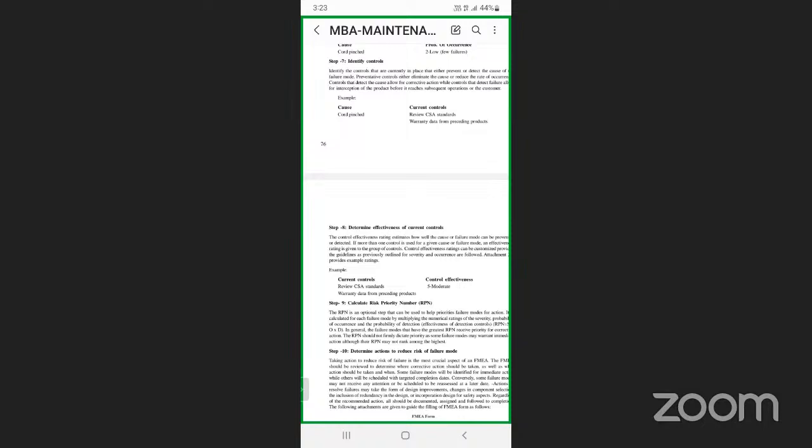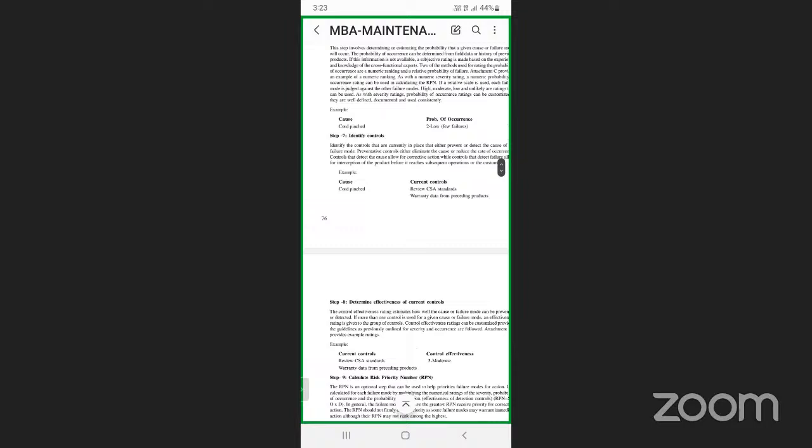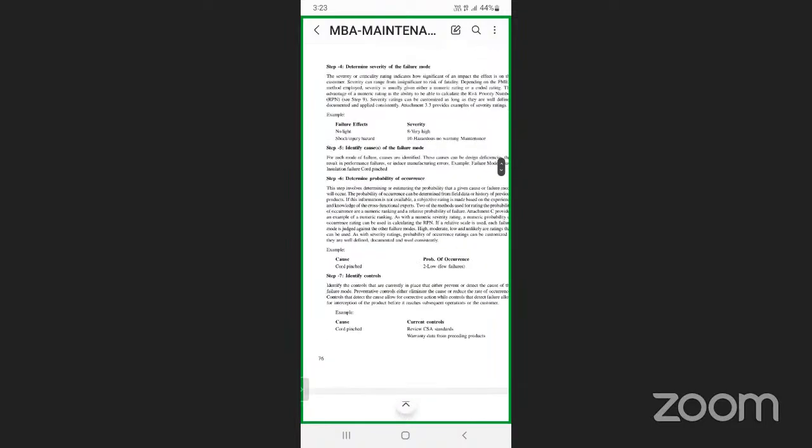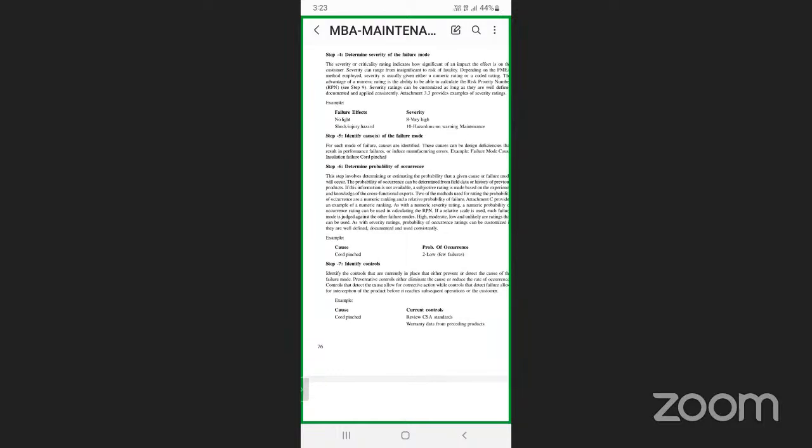And then the next one is to take an action, as to what we are going to do if this failure mode happens. How are we going to predict it? So these are the different steps in the FMEA. FMEA stands for failure modes and effects analysis.